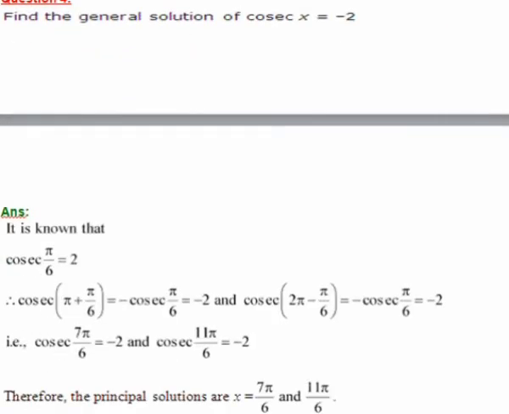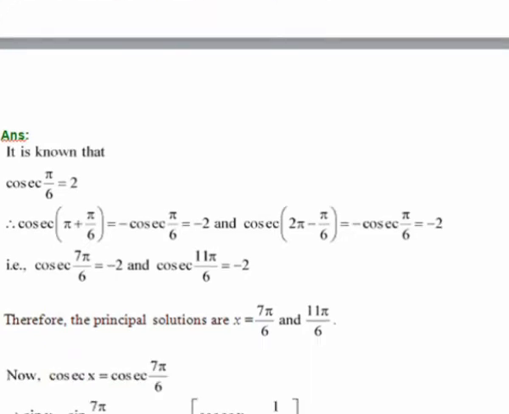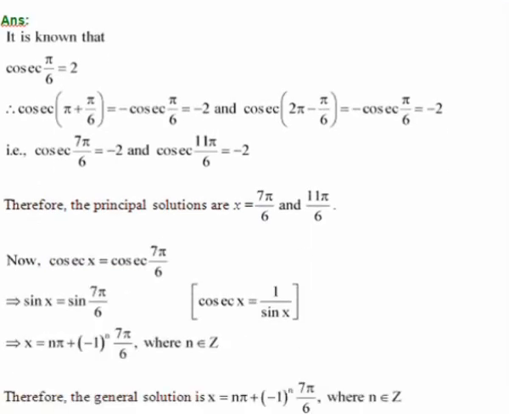Now come to the next question. Find the general solution of cosec x is equal to minus 2. We know at what value cosec is 2: at π/6, cosec π/6 is equal to 2. But it takes a negative sign, which means it lies in which quadrant? It lies in the third quadrant. cosec(π + π/6) is equal to minus cosec π/6, which is equivalent to minus 2.